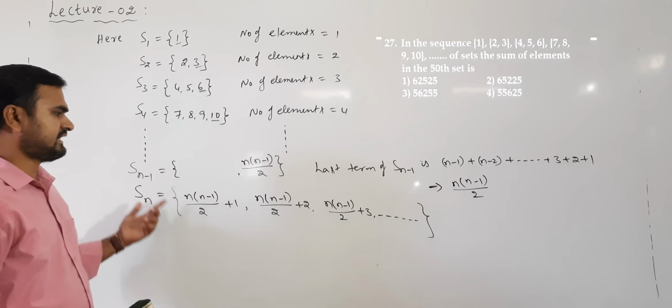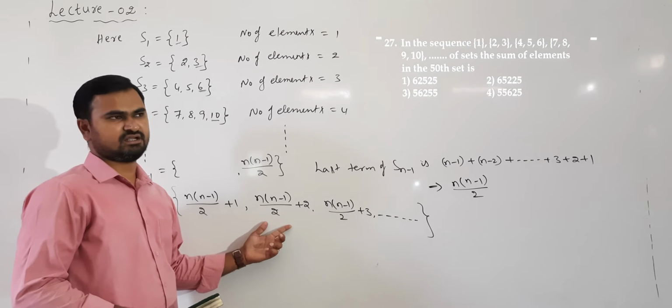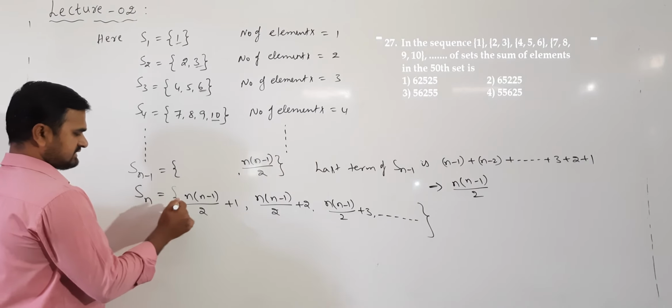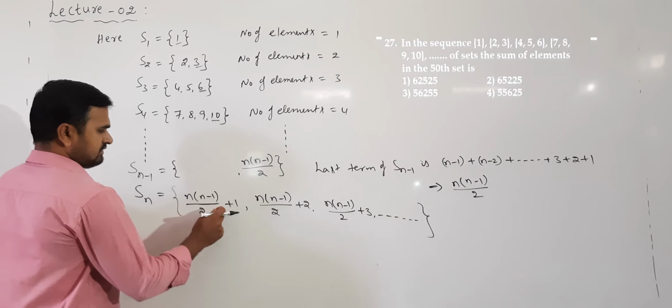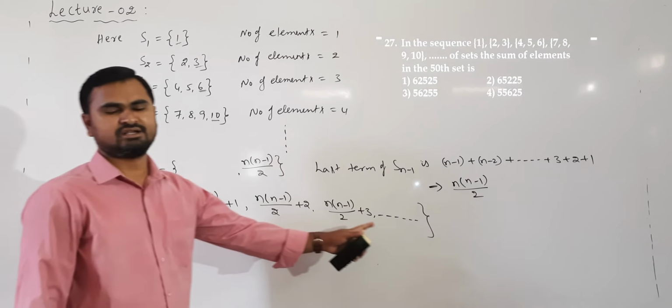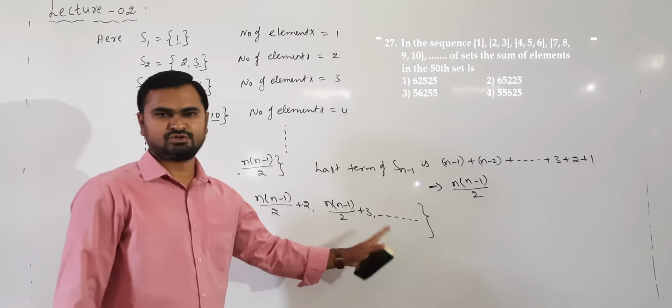After writing the elements of set Sn, now we can write the summation. Observe that these are consecutive natural numbers, meaning it is forming an arithmetic progression. So we can find the sum of n terms in this arithmetic progression.